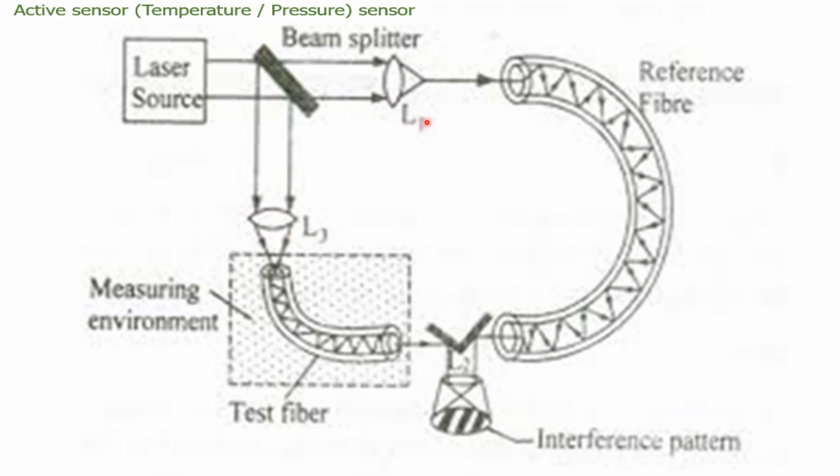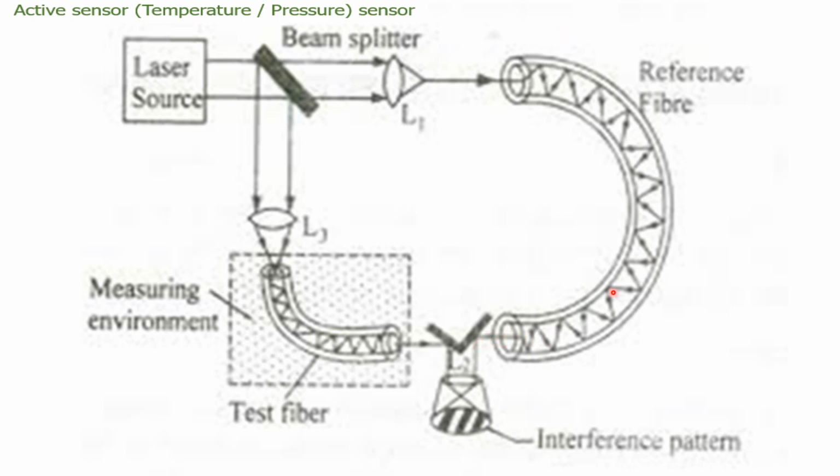Now, the light which falls on lens setup L1 will get converged. The parallel beams will get converged and it will go and fall on the optical fiber. By total internal reflection, the light will travel through it and come through the other end.